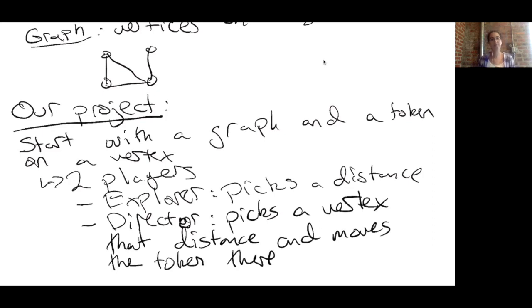So we have these two phases. The explorer is never actually going to touch the token. The explorer just picks a distance, and then the director says, all right, you've picked that distance, now I'll pick a vertex that distance away and move the token.